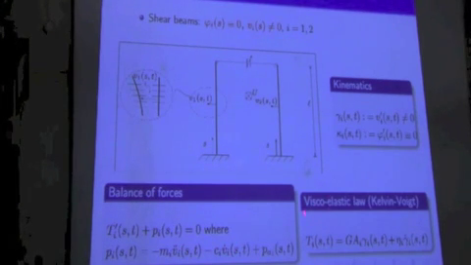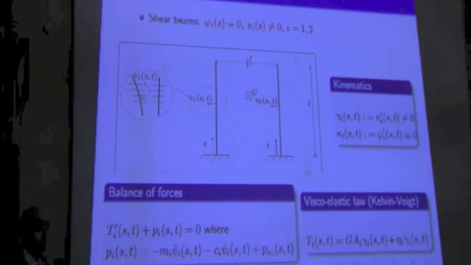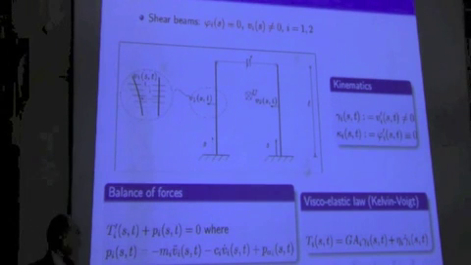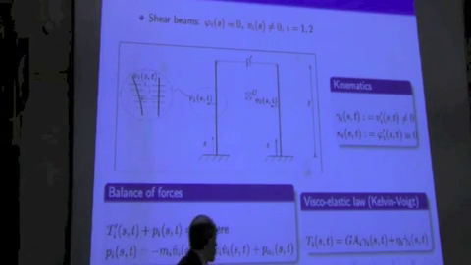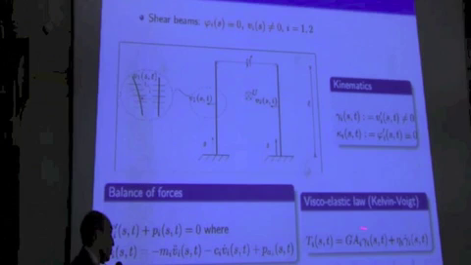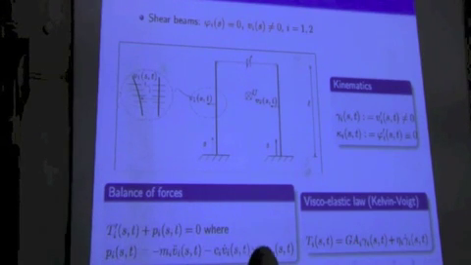We introduce a viscoelastic law for the unique active stress variable, which is the shear, in a Kelvin-Voigt model. So you can see here the shear elastic stiffness, and here the term due to the internal damping. So what we want to do now is to identify the value of this constant here.